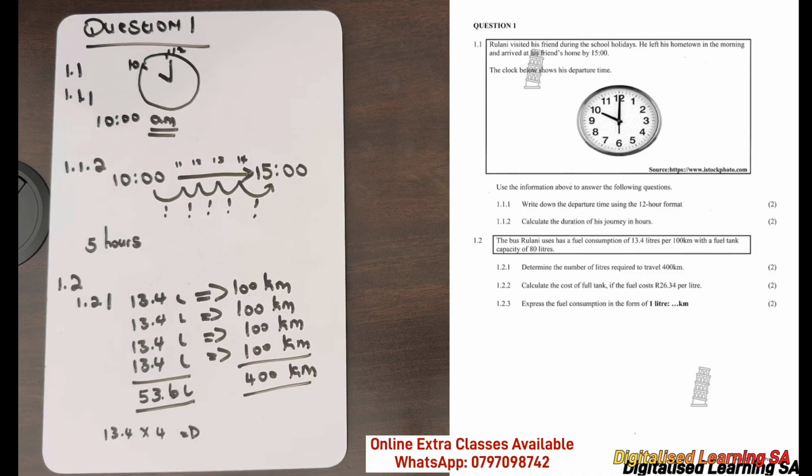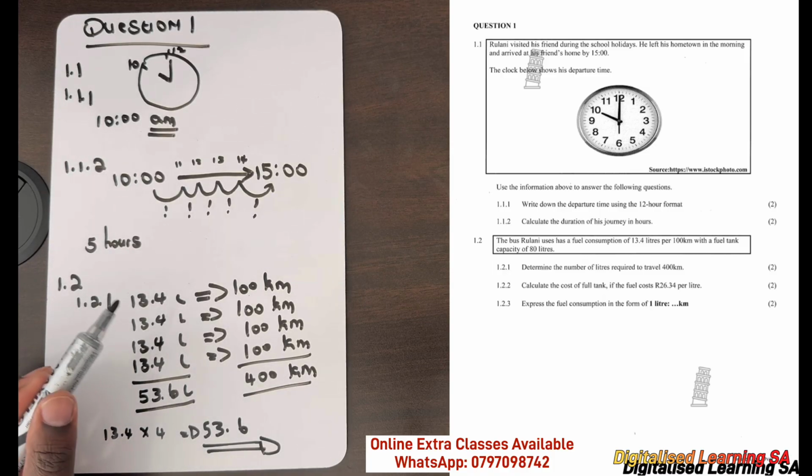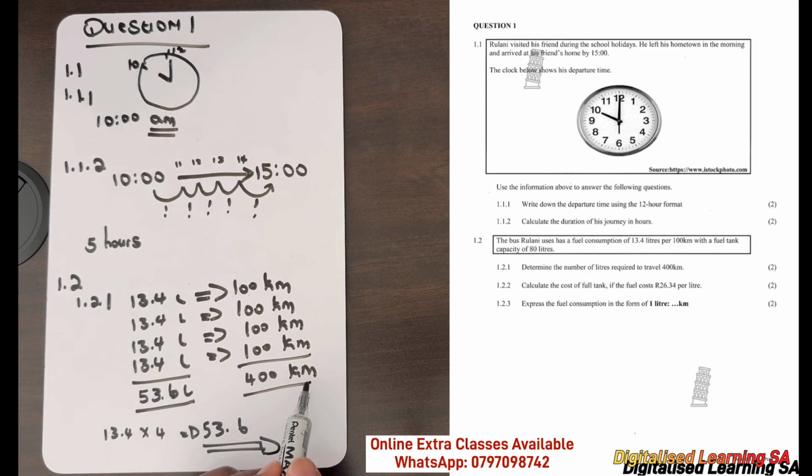Even if we say 13.4 multiplied by 4, we still get the same answer, 53.6. But I used this first step so that you can understand how to get to the 400 kilometers, and also how to get to the total number of liters.